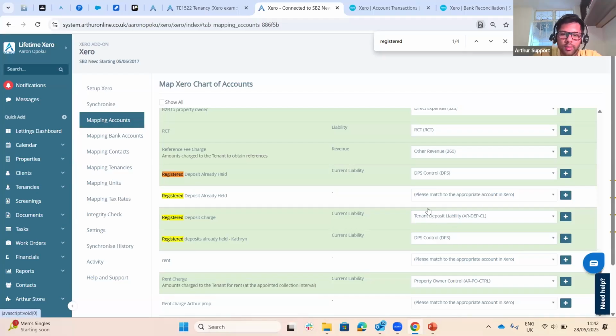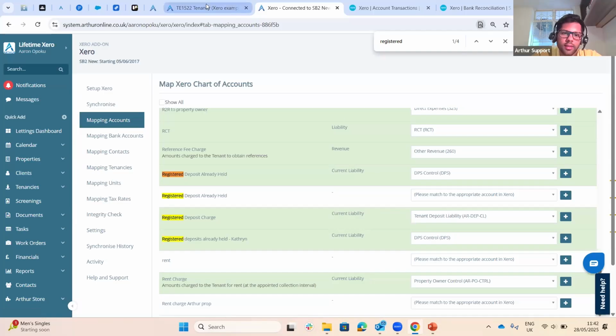So it creates a credit balance. It credits your liability account, meaning that it creates a liability on your balance sheet. Because what you're doing is collecting a deposit from a tenant, which at the end of the tenancy is payable back to the tenant. That's why we account for this as a liability.